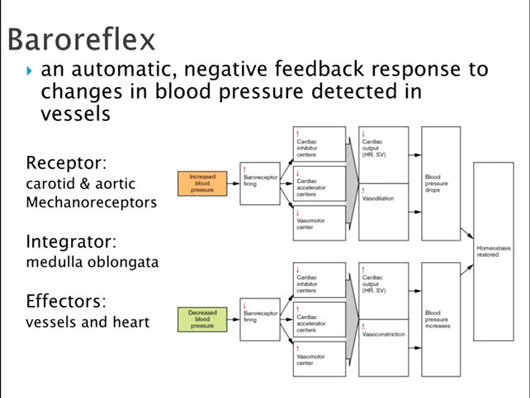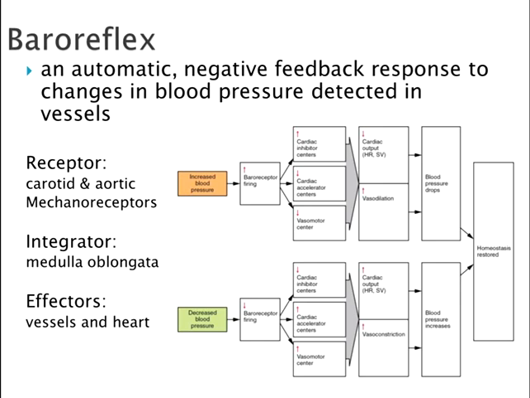When we increase inhibitor, decrease accelerator, and decrease the vasomotor center, we're going to see a decrease in cardiac output and an increase in vasodilation. Both those things lead to a drop in blood pressure. So decreased cardiac output, decreased peripheral resistance by increasing vasodilation will cause blood pressure to drop. And then we're back to normal, hopefully.